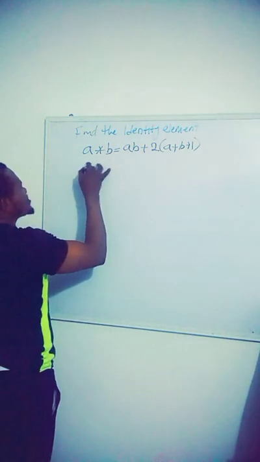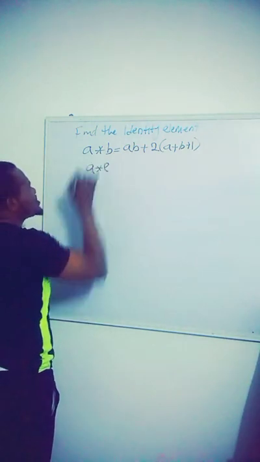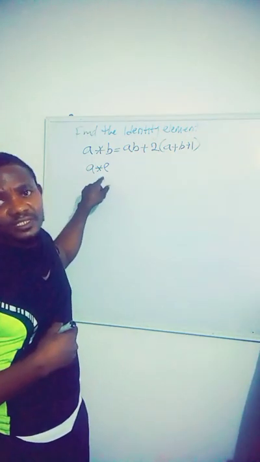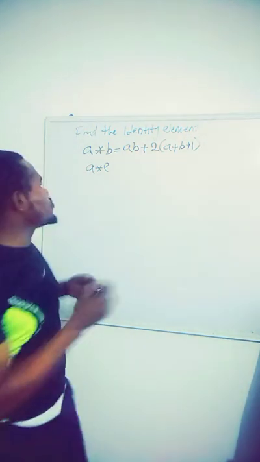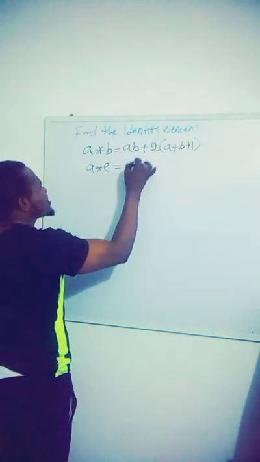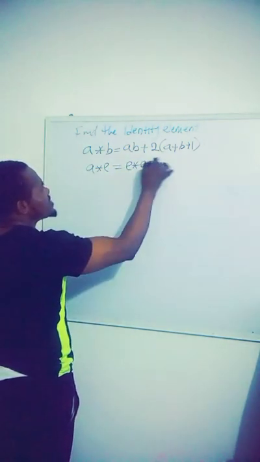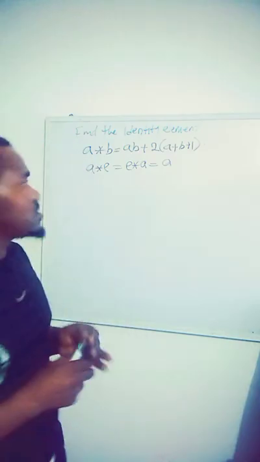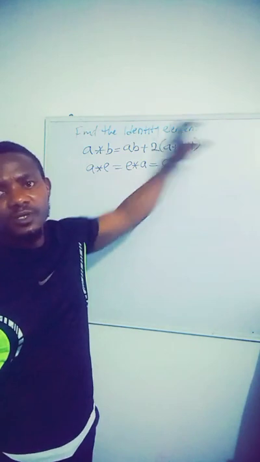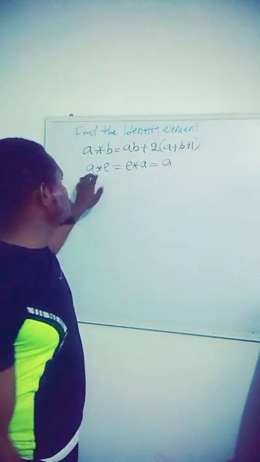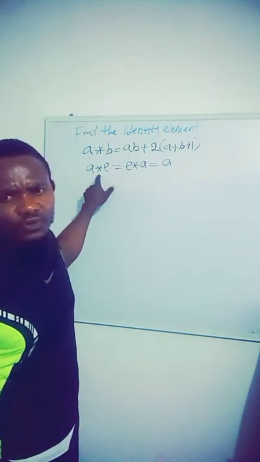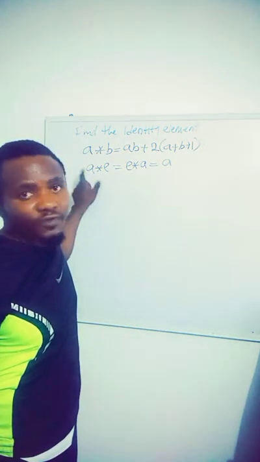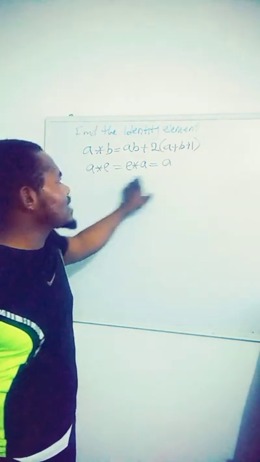Now, by identity, A star E, where E is the identity element, whether you twist it or not, the result will give you A. If you are finding an identity element over an operation, remember that whenever you operate an identity with a particular variable, you are going to get that variable.